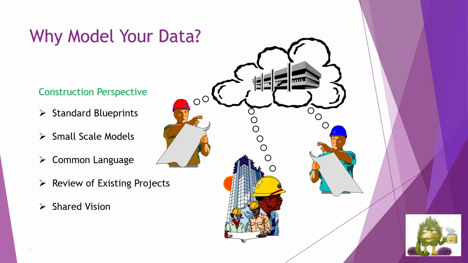And so what they do in the construction industry is they all understand what a blueprint is. There's a standard blueprint. There are standard different types of blueprints. There are standard symbols on the blueprints themselves that everyone can understand. And before they begin their project, they go ahead and start with the blueprinting, as well as building small models.